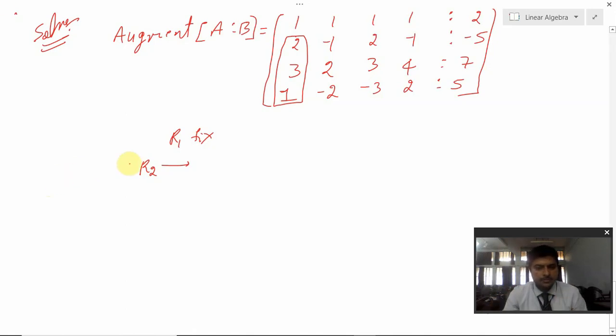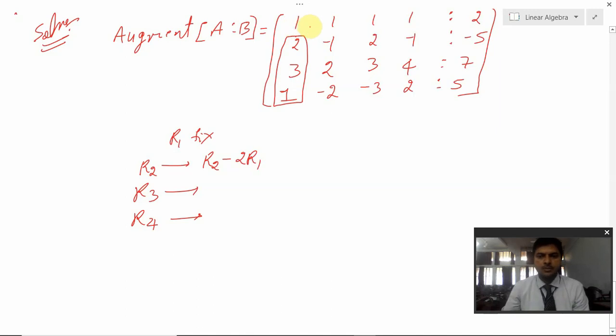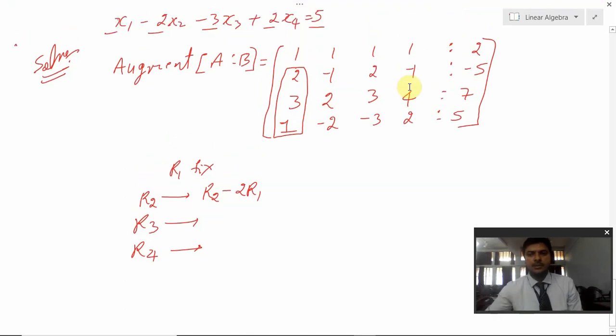So I will change the R2, R3 and R4 values. So what substitution should I do? Yes, I will just take R2 minus 2R1. I will multiply 2 with R1. R1 is what? Yes friends, please remember this. This full row is R1.